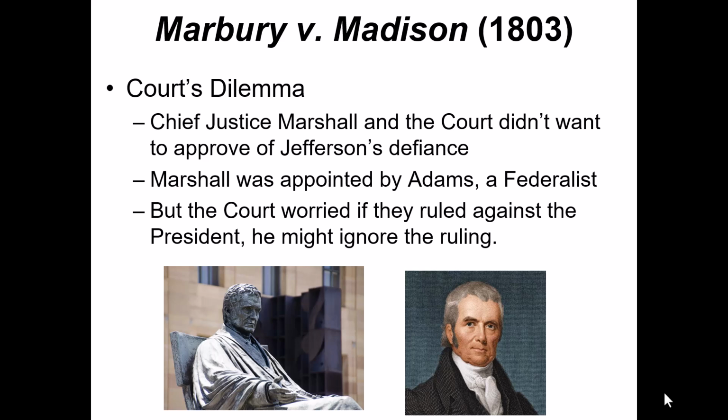Chief Justice Marshall, arguably the greatest Chief Justice in U.S. history, knew that the court didn't have substantial power, and that theoretically, if he rules against Jefferson and Madison, Jefferson could theoretically ignore the ruling. But Marshall didn't want to approve of Jefferson's defiance in refusing to deliver these legally binding documents.